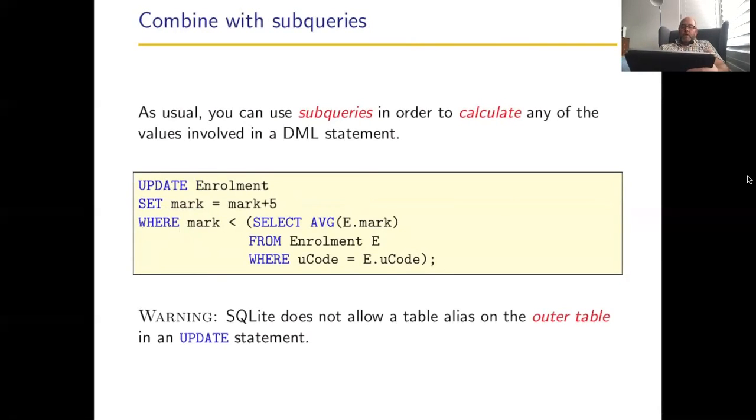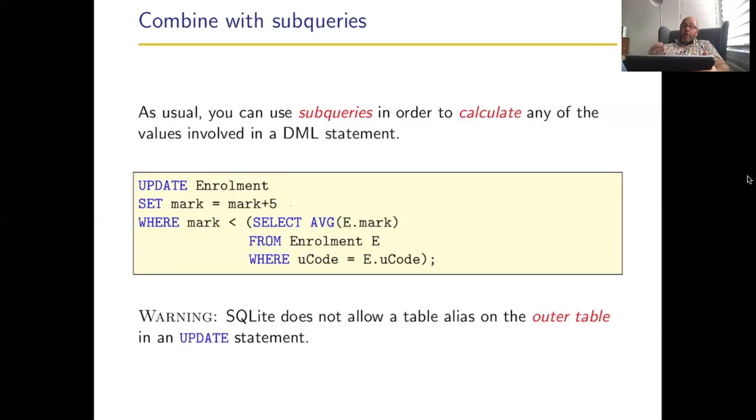Of course, subqueries can basically go anywhere in SQL that an actual value could go. And so instead of increasing the marks by 5 for students who were taking CITS1402, let's increase the mark of every student who scored below average in that particular unit.